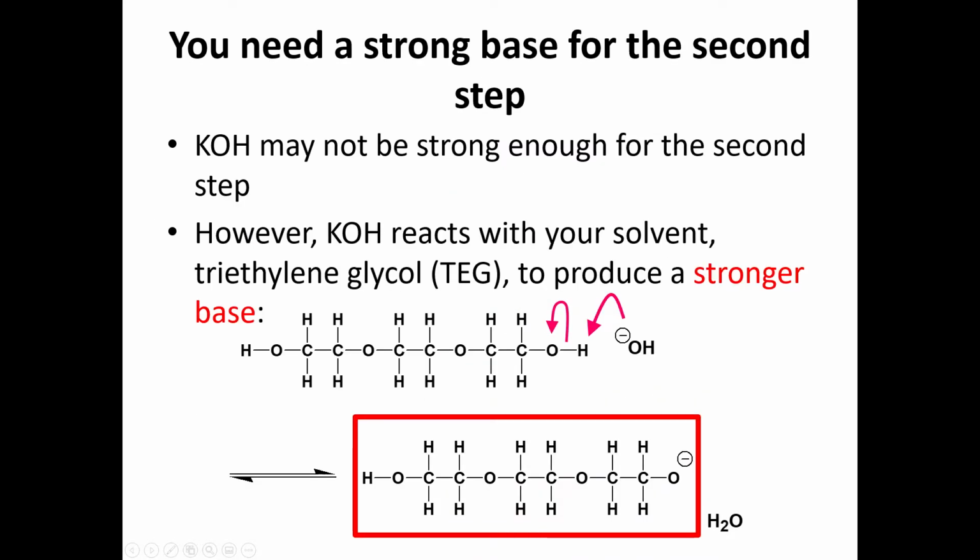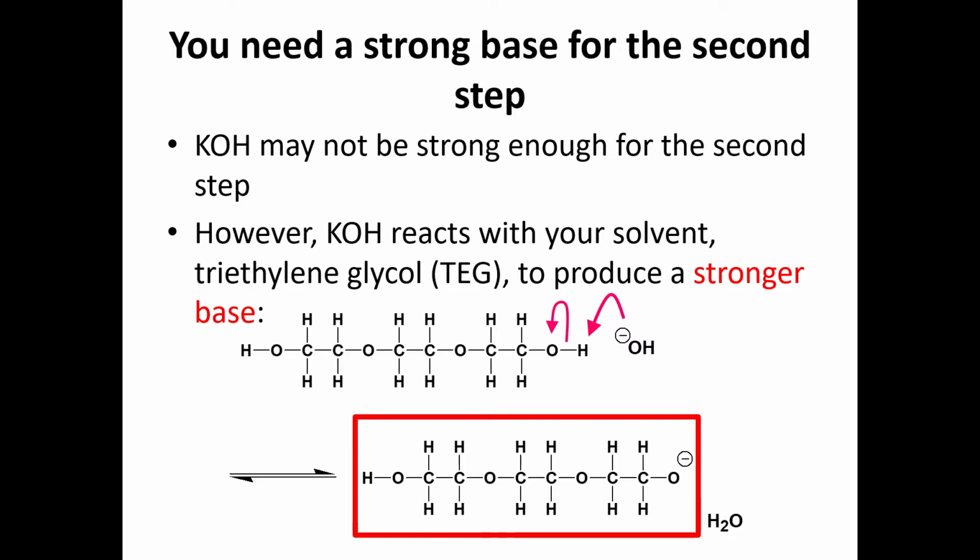That is where our triethylene glycol, or TEG, comes in. While potassium hydroxide may not be strong enough for the second step, using potassium hydroxide, we can actually form an even stronger base by deprotonating triethylene glycol.